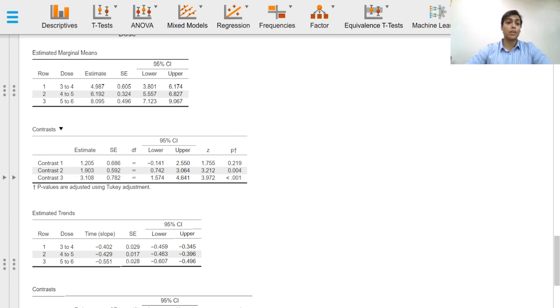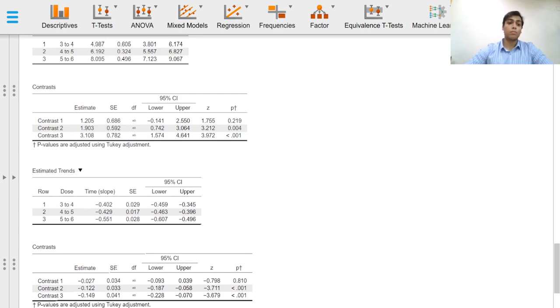For example, contrast 1 is the difference between second and the first row. Contrast 2 is the difference between third and first row, and contrast 3 is difference between the third and second row.